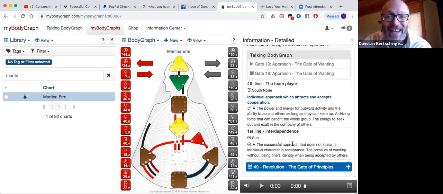The exaltation on the sun is its interdependence, the successful approach that does not lose its individual character and acceptance, the pressure of wanting without losing one's identity when being accepted by others. This really is one of the key themes of being a projector: we need other people to be fully expressed.